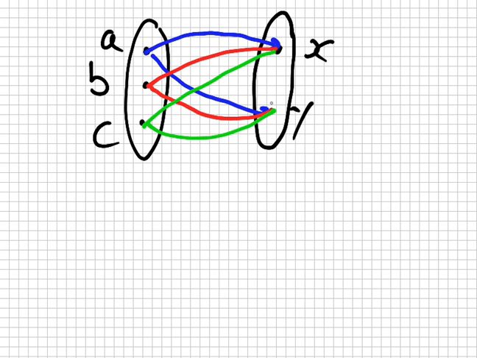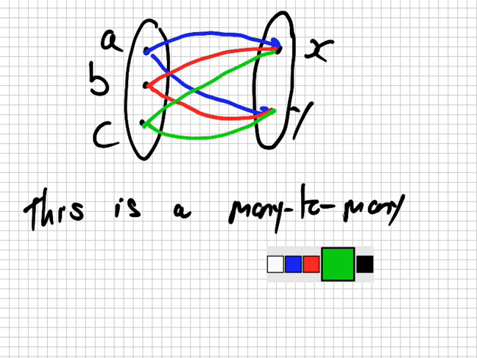A goes to X, B goes to X, and C goes to X. So that makes it the many to 1 part. But also, A goes to X and A goes to Y. So that makes it the 1 to many part. So together, we say this is many to many. This is a many-to-many mapping.